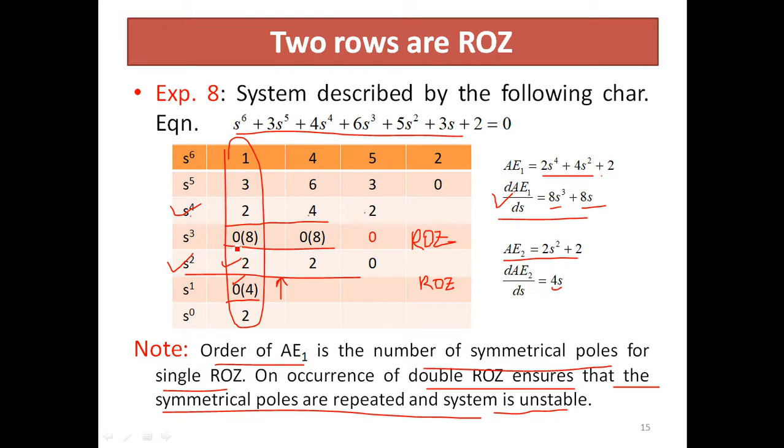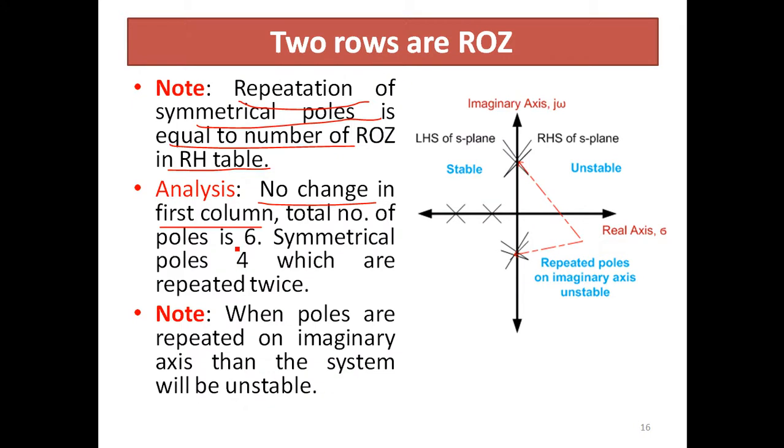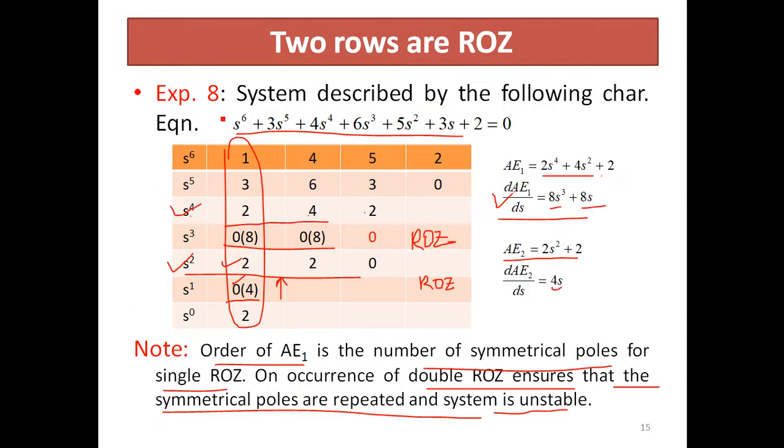It means there should not be any root lying in the RHS. But what would happen? See, the total number of poles is 6 because of the order of the characteristic equation.